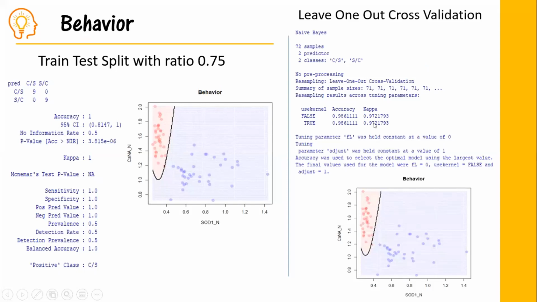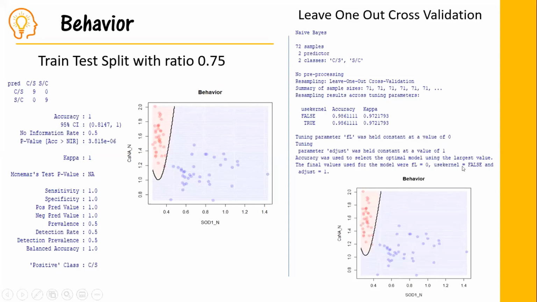there are three tuning parameters. For the caret package, it will automatically choose the best model, which is the FL, the Laplace smoothing, and the use kernel is false.